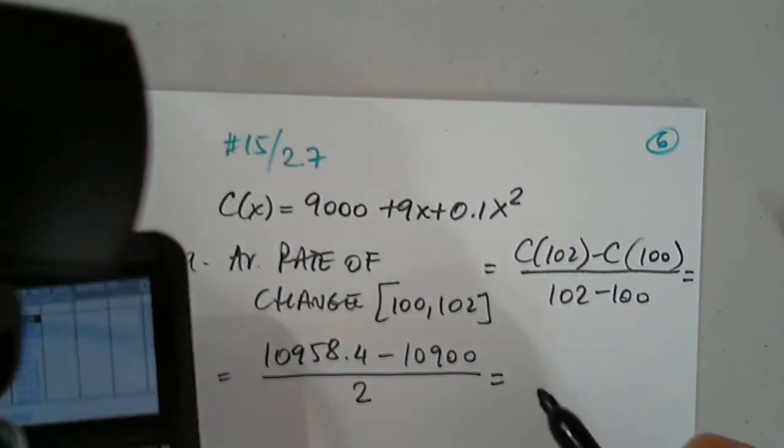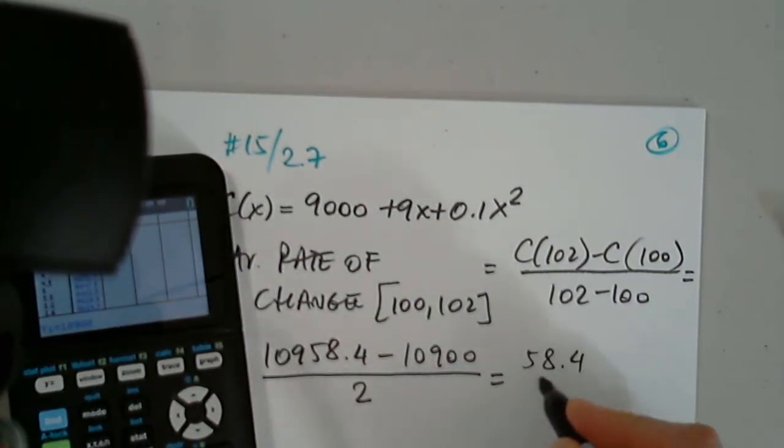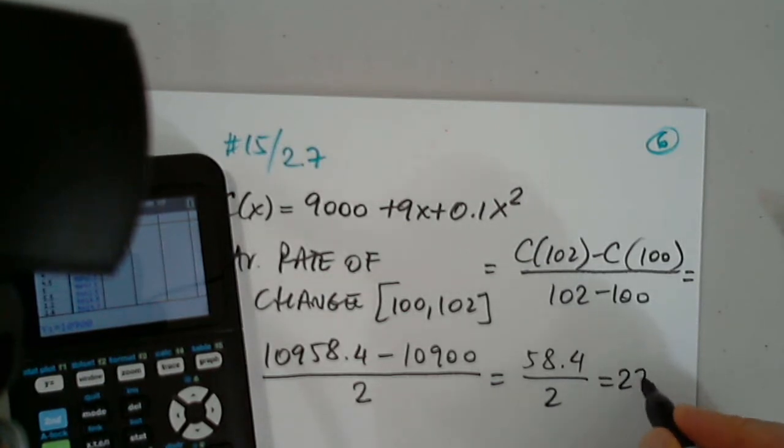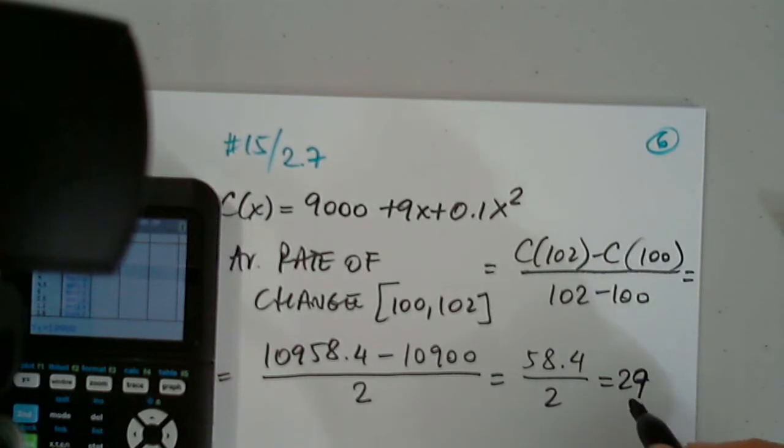So what is it? It's 58.4 divided by 2, 29.2. Is that okay? And that's $1 per unit.